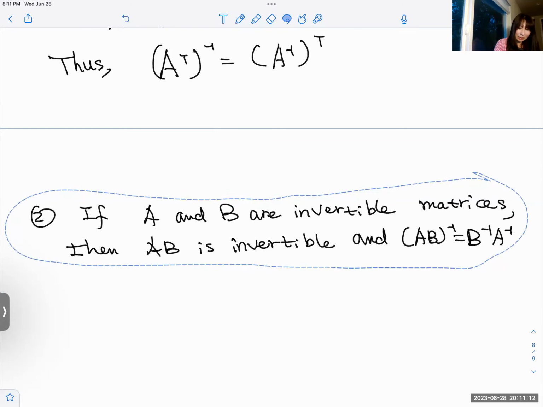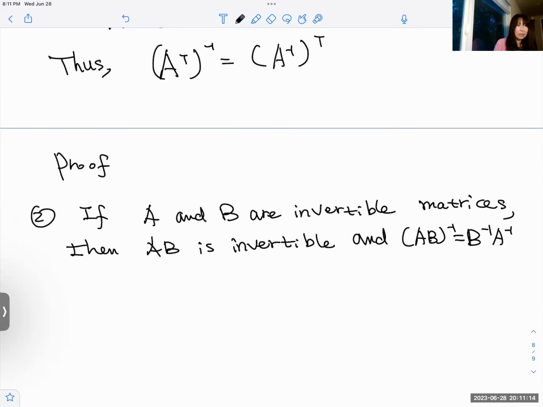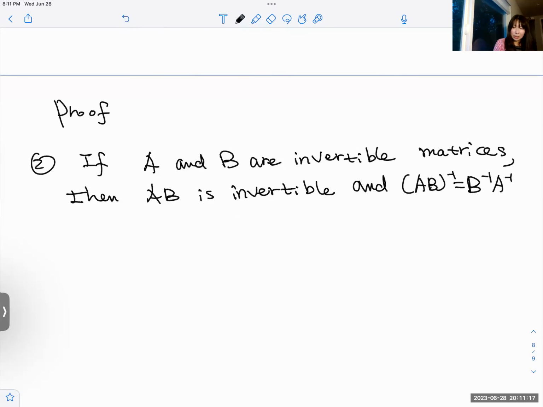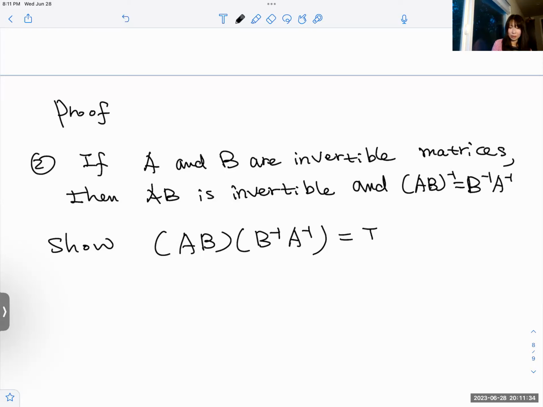Okay, proof. All right, so we are going to show that AB times the inverse of that equals identity. We are going to show that the inverse of AB equals B inverse, A inverse.